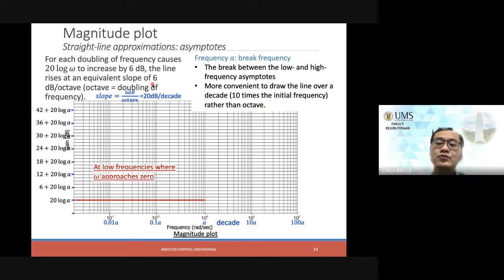Now, by using this slope, this slope of 20 dB per decade, we know that every one decade, it will increase 20. So you will see that this point is roughly 20.